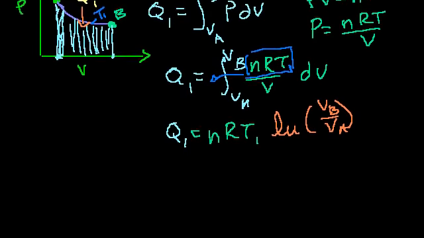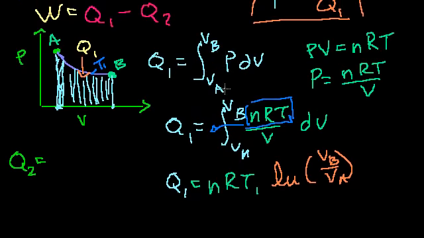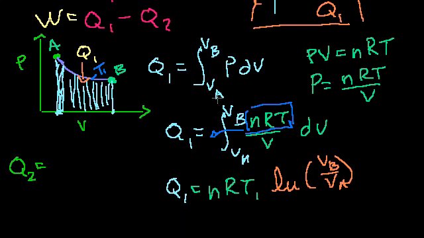So we could just say the magnitude of Q2, I'll do it over here. Q2 is equal to, the same exact logic applies. Just the boundaries are different. Remember, when we cared about the direction, I would say I'm going from VC to VD.